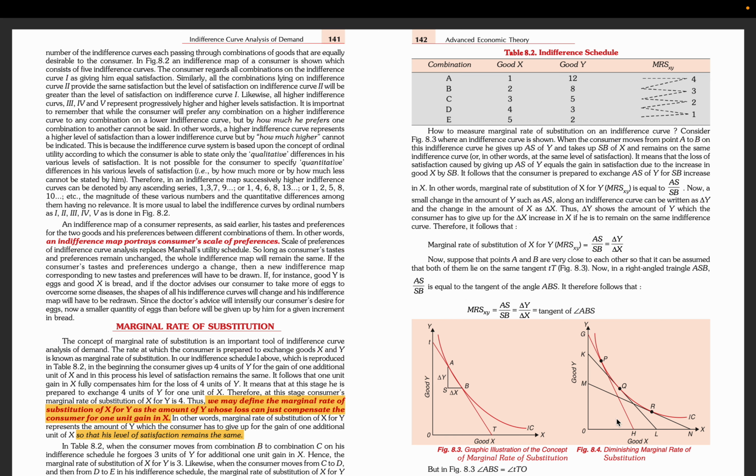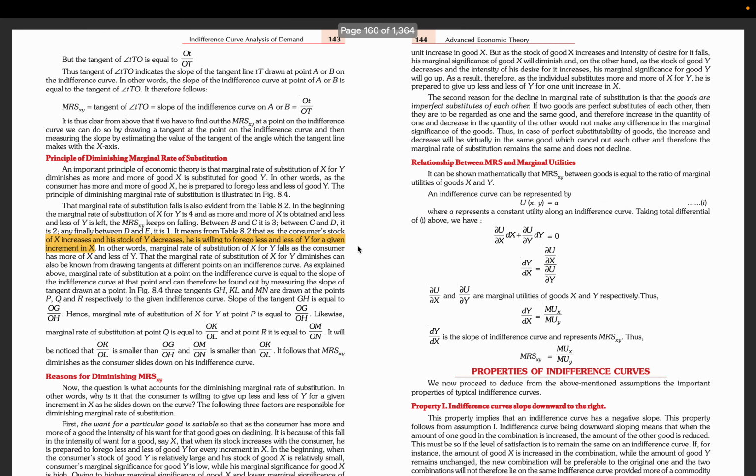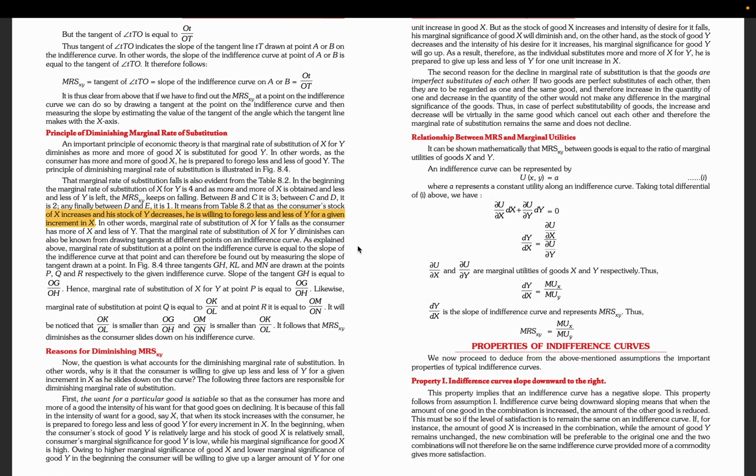Similarly for Q and R, it will be noticed that OK by OL is smaller than OG by OH and OM by ON is smaller than OK by OL. It follows that MRSXY diminishes as the consumer slides down on the indifference curve.